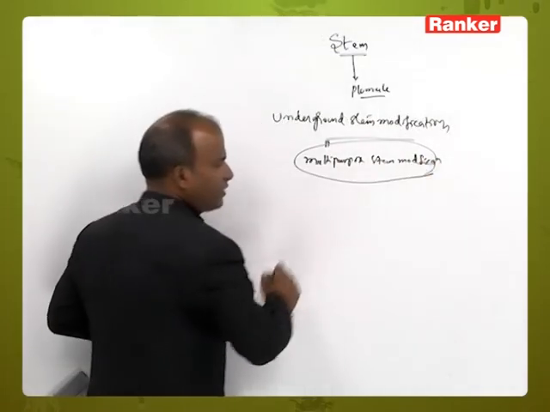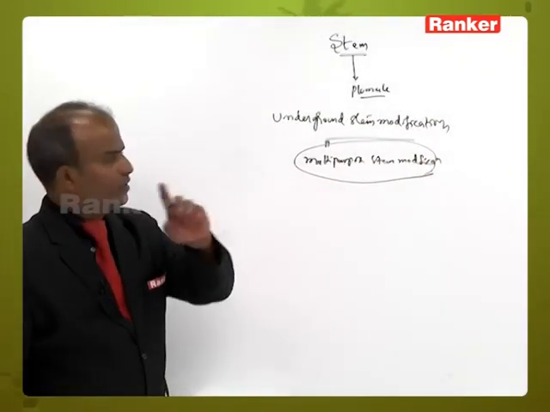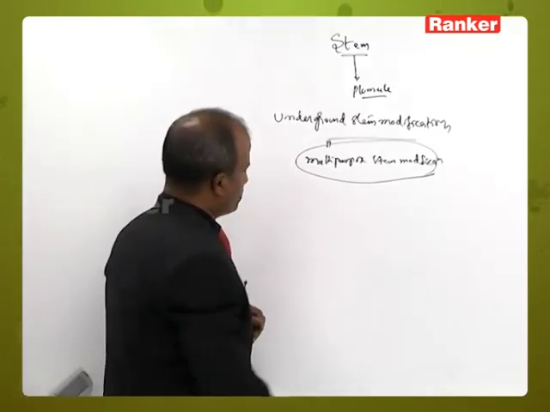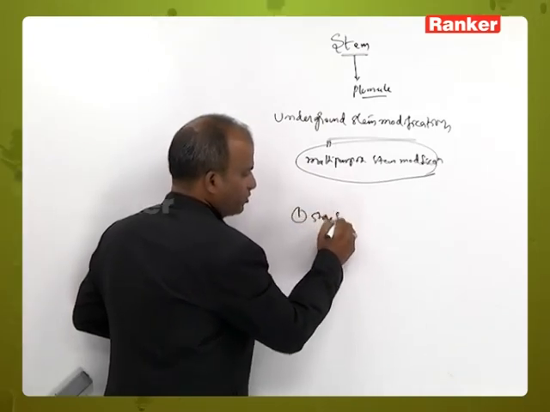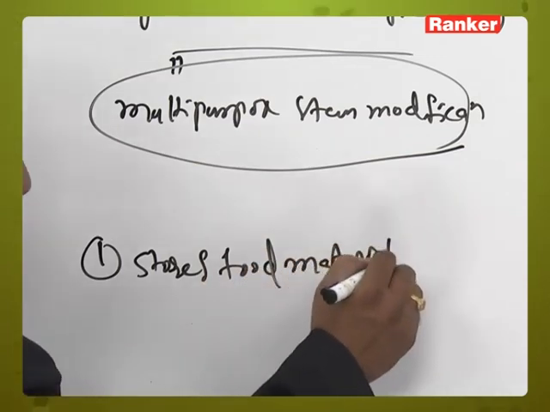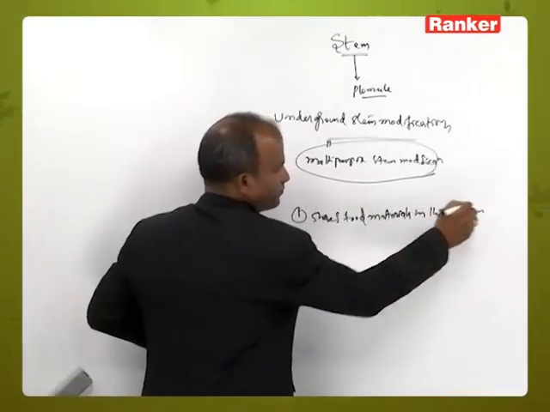Why is it given the name multi-purpose stem modification? Because the underground stem modification performs the first function, that is, it stores food materials in the underground stems.